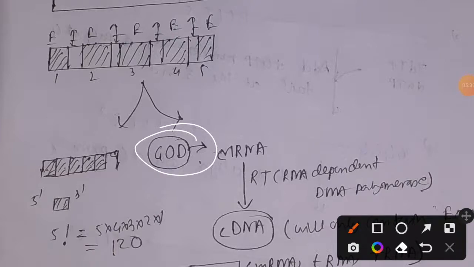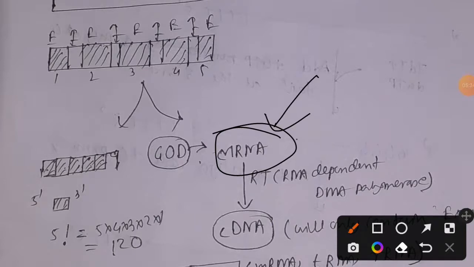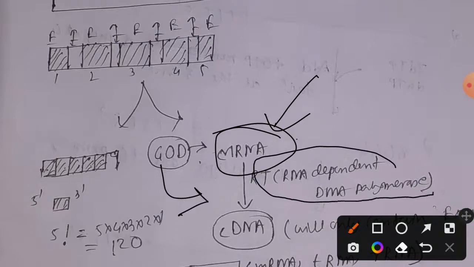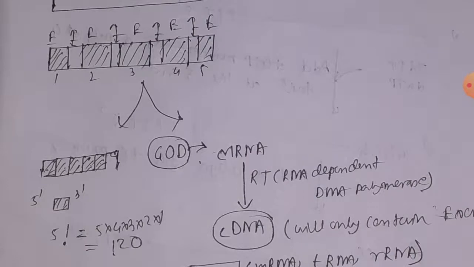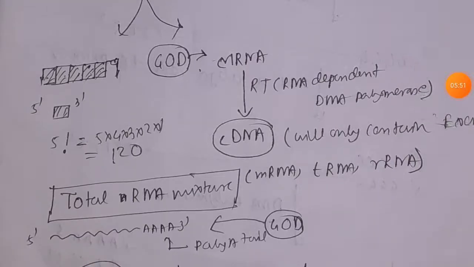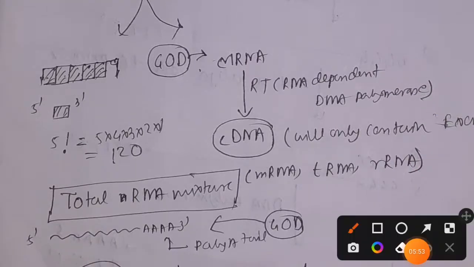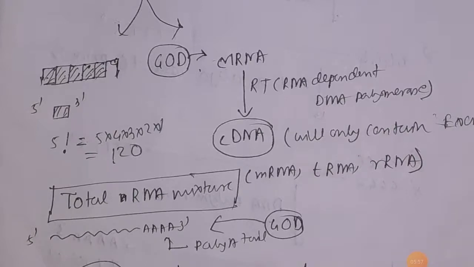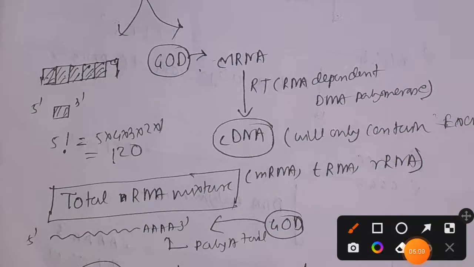He suggested that we analyze the mRNA very carefully, and he also suggests that we use an enzyme named reverse transcriptase. Let me tell you that reverse transcriptase is an RNA dependent DNA polymerase. What is the meaning of the term RNA dependent DNA polymerase?